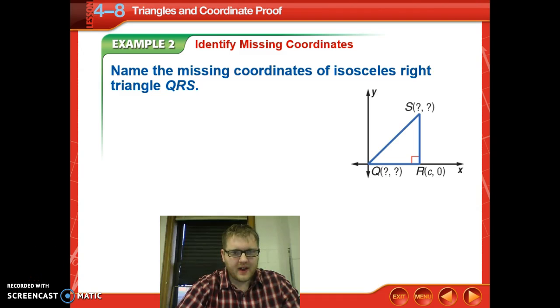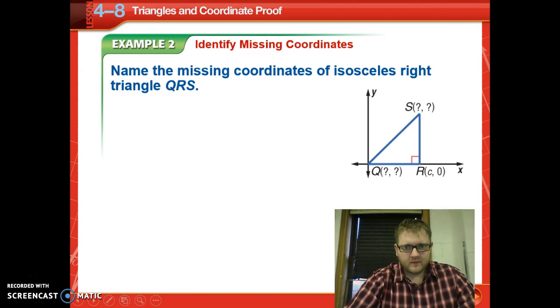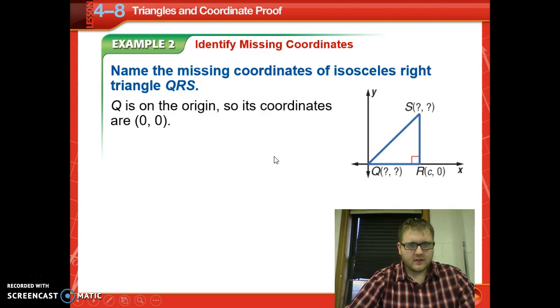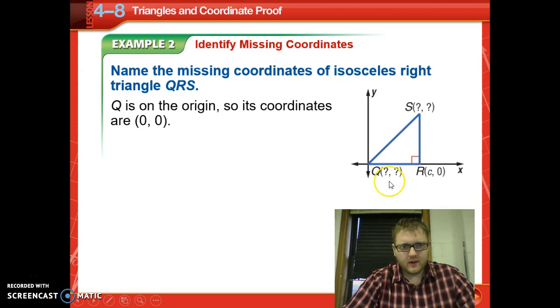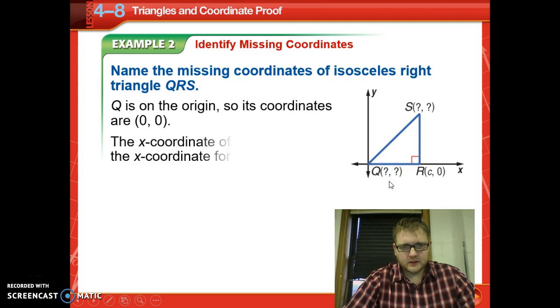So in this example, they're asking us to find the missing coordinates of the isosceles right triangle QRS. So Q is on the origin, so we obviously know its coordinates are going to be 0, 0.